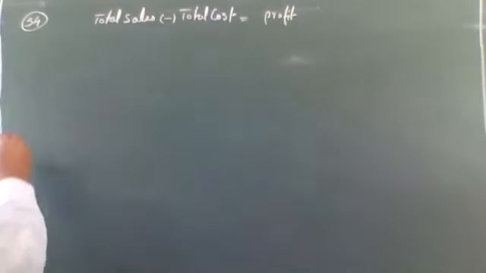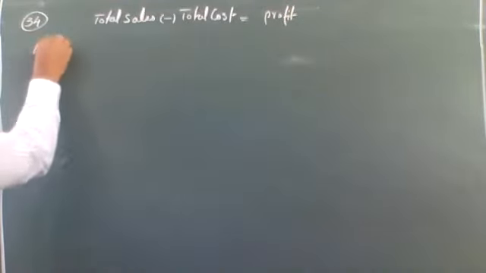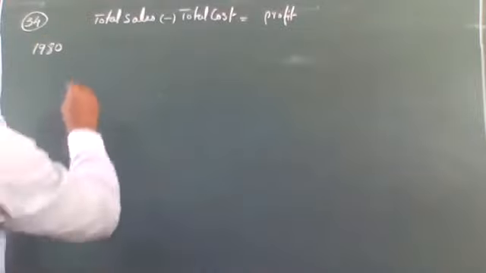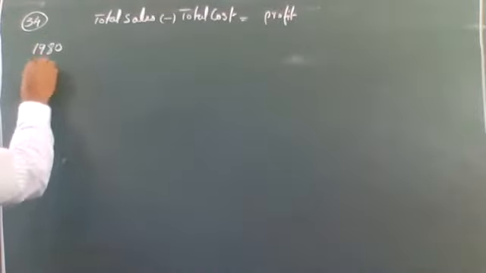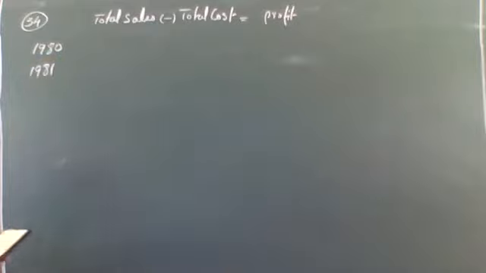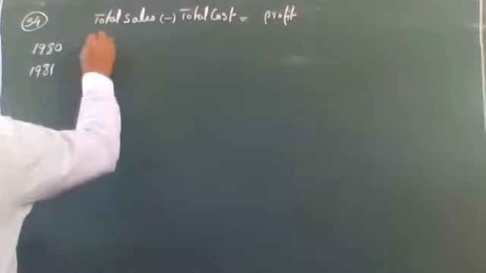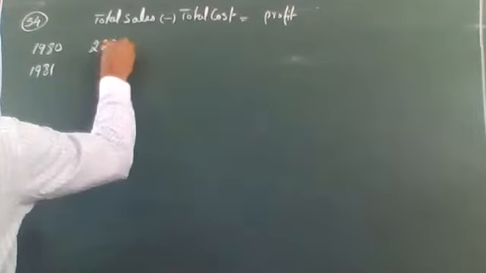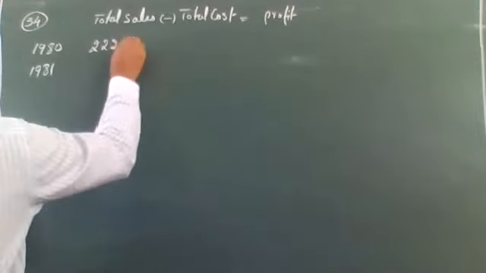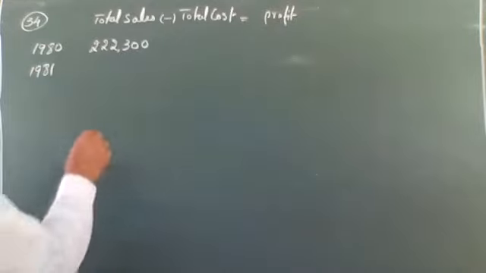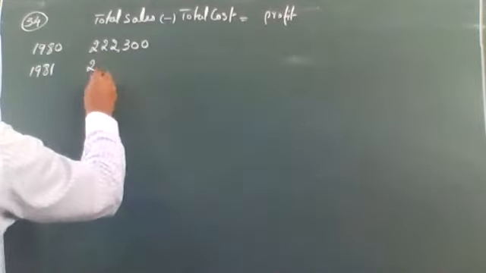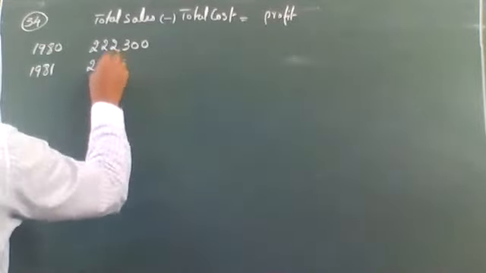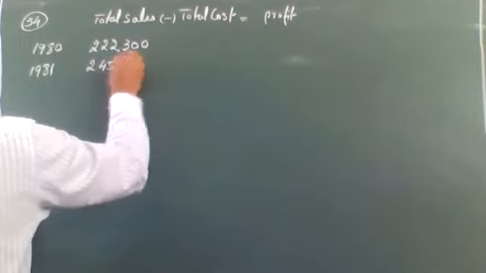So for the year ended 1980, he has given the information of 1980 and 1981. So the sales for the period was 2,22,300 rupees, and 2,45,100.